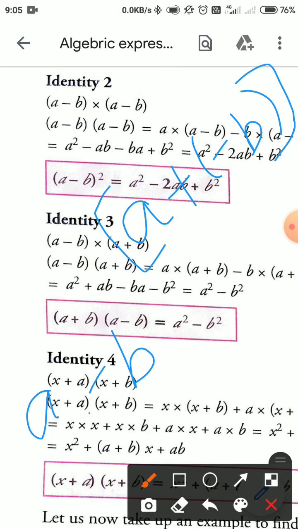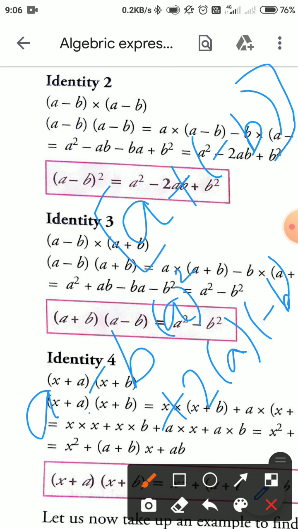So you can write this as a square plus 2 into a into minus b plus minus b square, right?